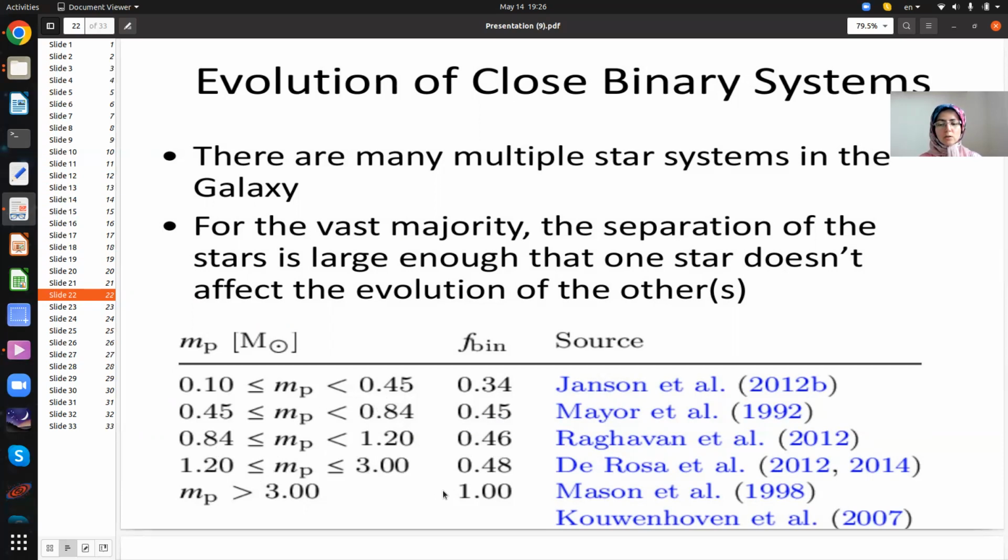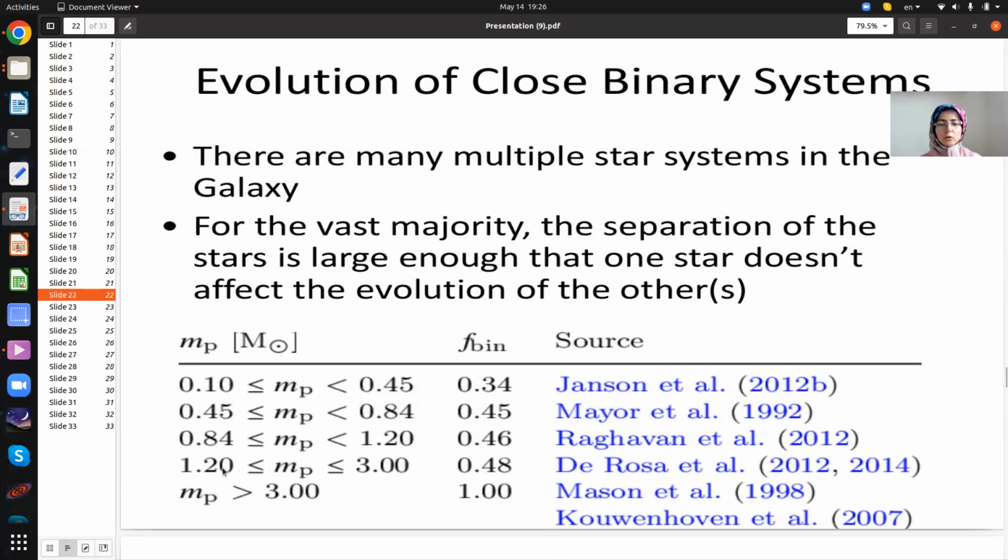For example, stars with 3 solar masses: we have many binary systems among them, or we can say maybe approximately most of them are in binary stars. For solar mass, we have around 50% binary systems, and for less than solar mass, there are few binary systems.